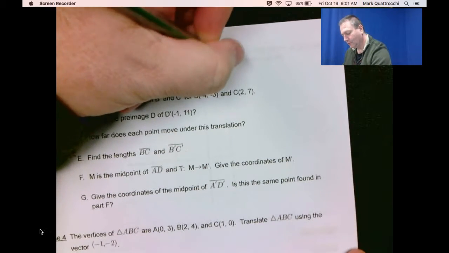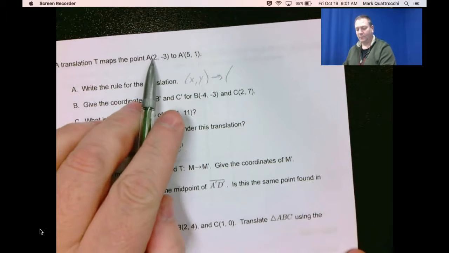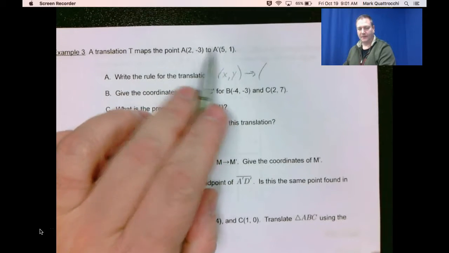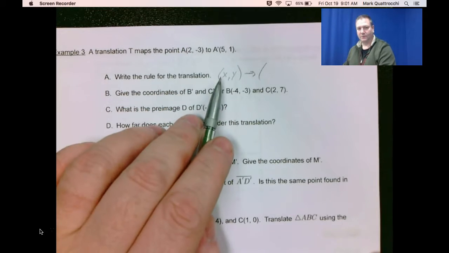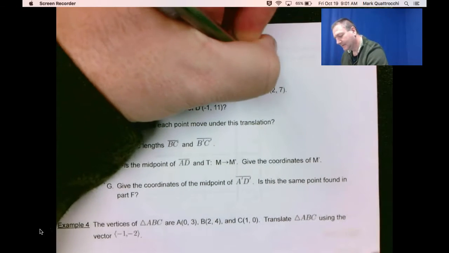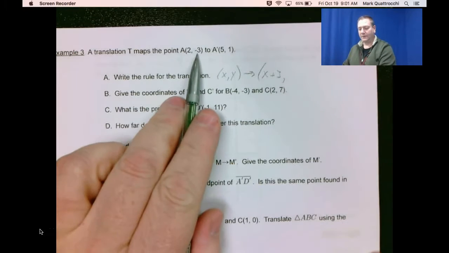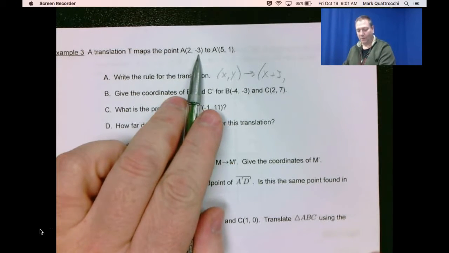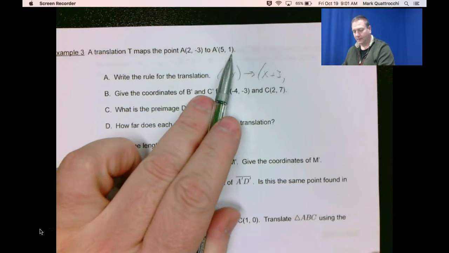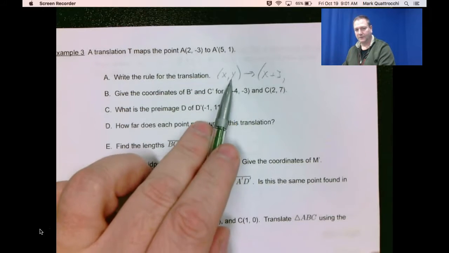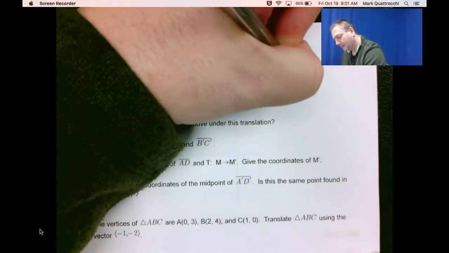What do we do to the 2 to make it a 5? Well, we add 3. So what do we do to the x? We add 3. What do we do to the negative 3 to make it a 1? To go from negative 3 to positive 1, we add 4. So what do we do to the y?